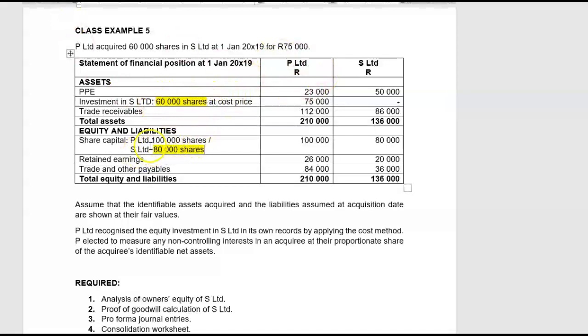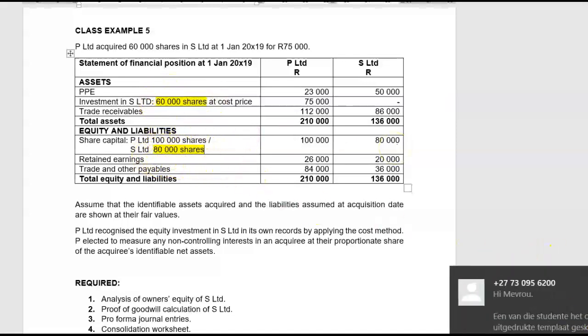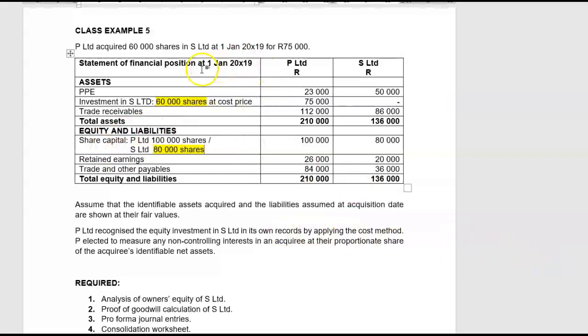So now you can see that we did not acquire all the issued share capital of S Limited. We only acquired 60,000 divided by 80,000 equals 75% of the share capital of S Limited. Then retained earnings, trade and other payables, and total equity and liabilities.